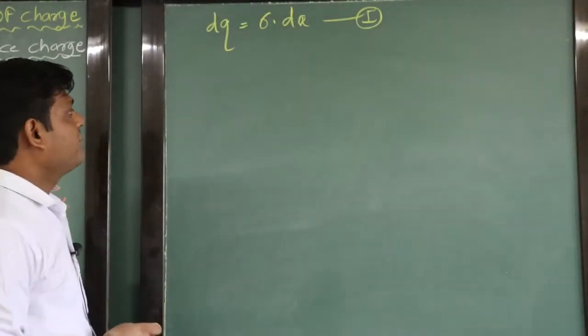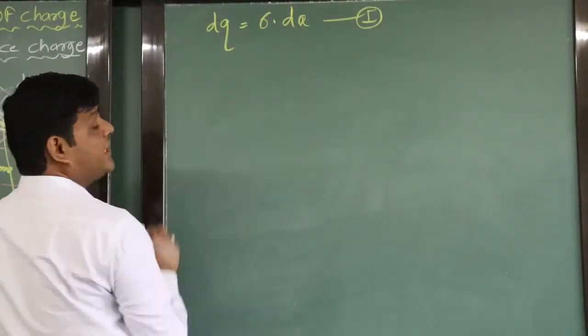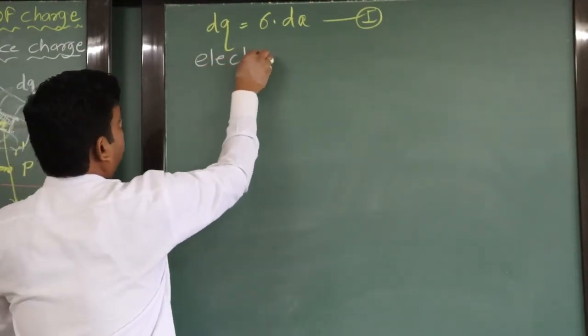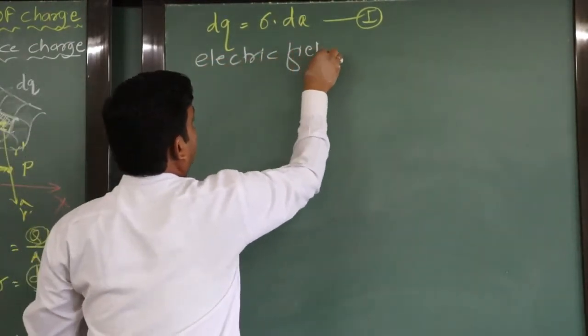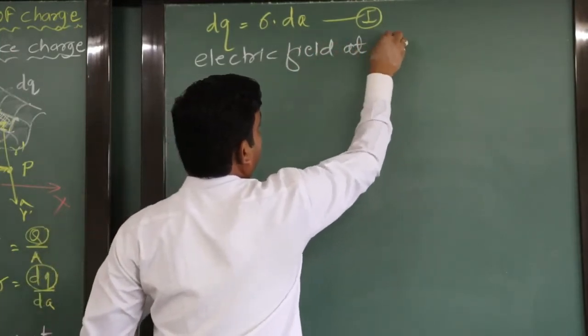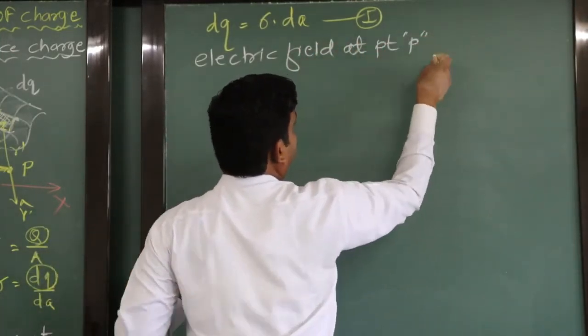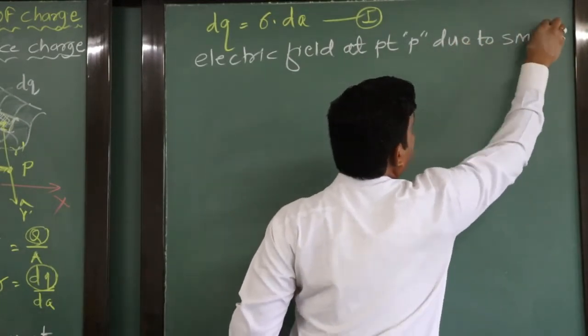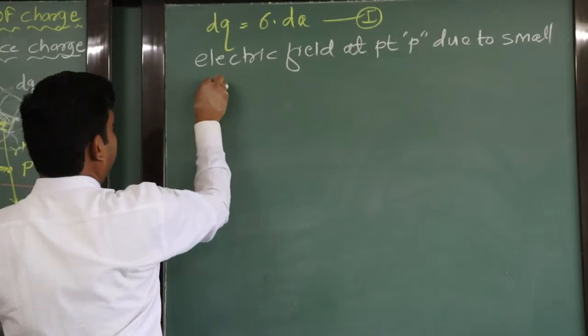Now the next step is the electric field at point P due to the small area element.